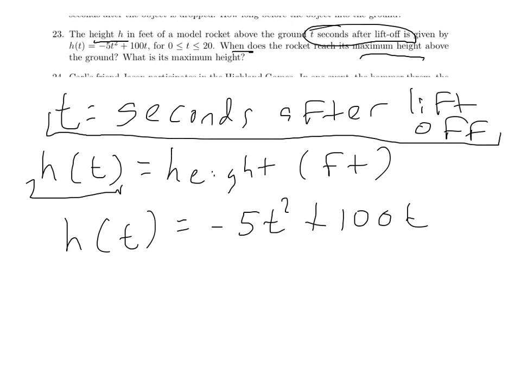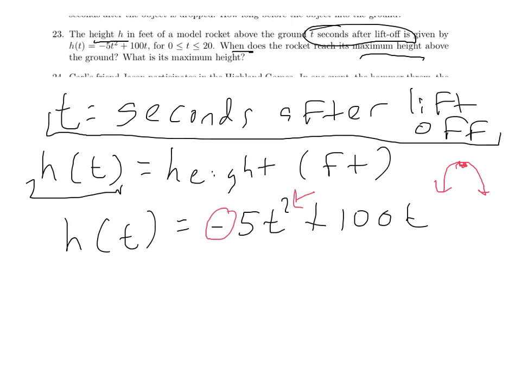What do you notice about this function? Well, we got something squared, so we know it's a quadratic, and our leading coefficient's negative, so we know it's a parabola opening downwards. So it's going to have some max. What we're looking for is our vertex. So let's go ahead and find our vertex.